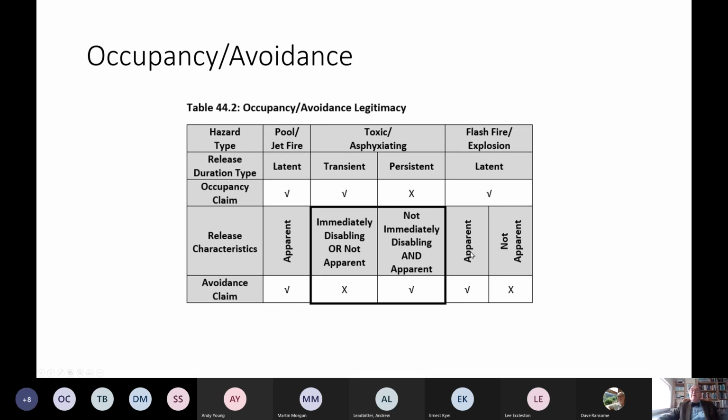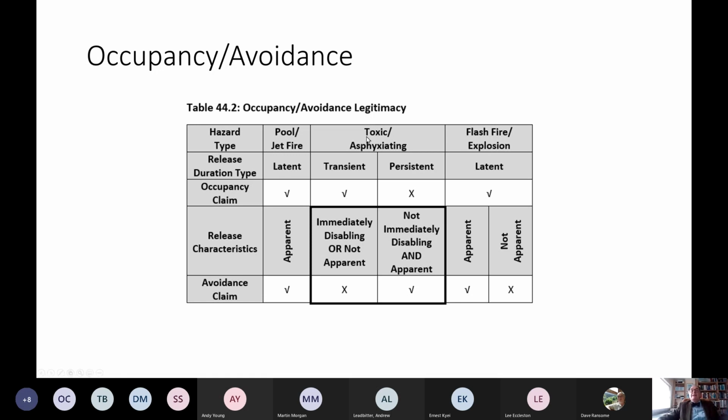If the release again is apparent, perhaps because of the odor, or perhaps if you encounter the vapor cloud you're going to suffer respiratory distress or whatever, then yes, we can make a claim for avoidance. But if the hazard potential would not be apparent to the operator or whoever it is that is approaching that zone, then of course we couldn't make a claim for avoidance.